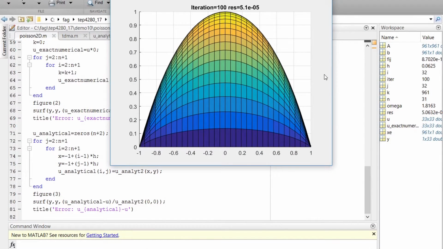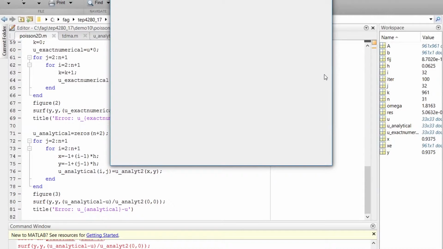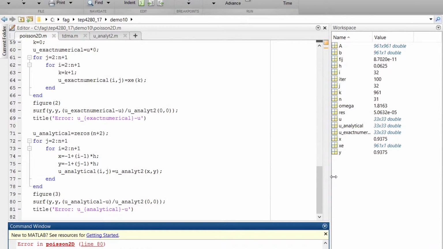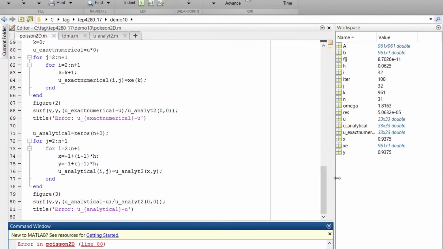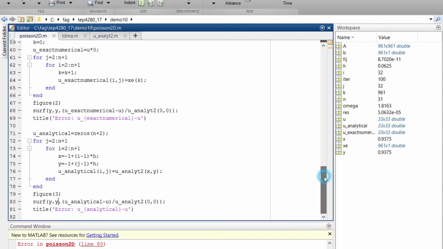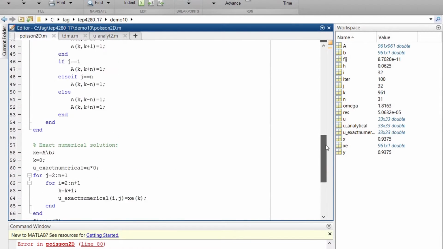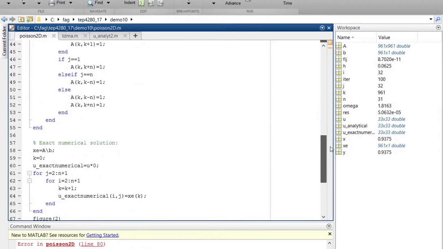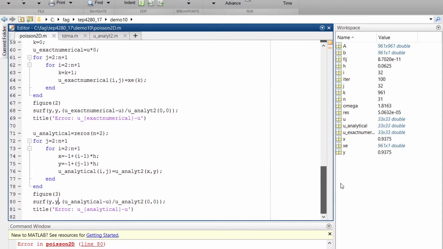Finding our solution. Still doesn't like it. What's wrong now? That was strange.